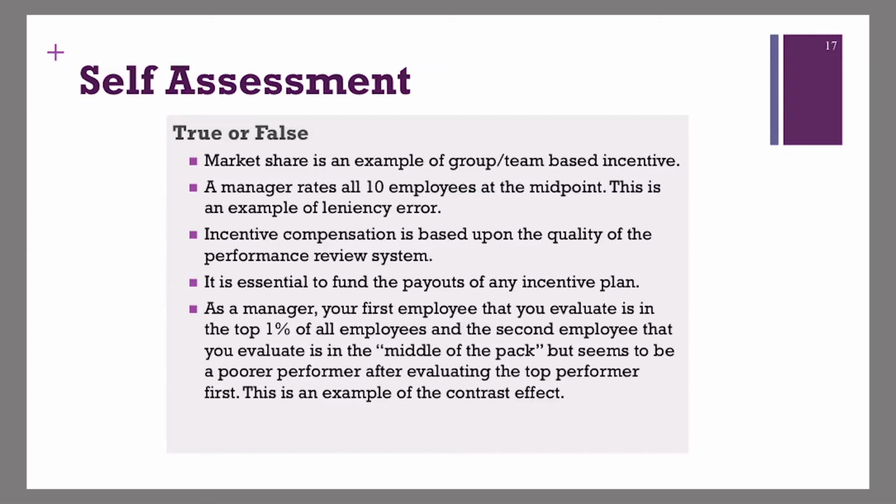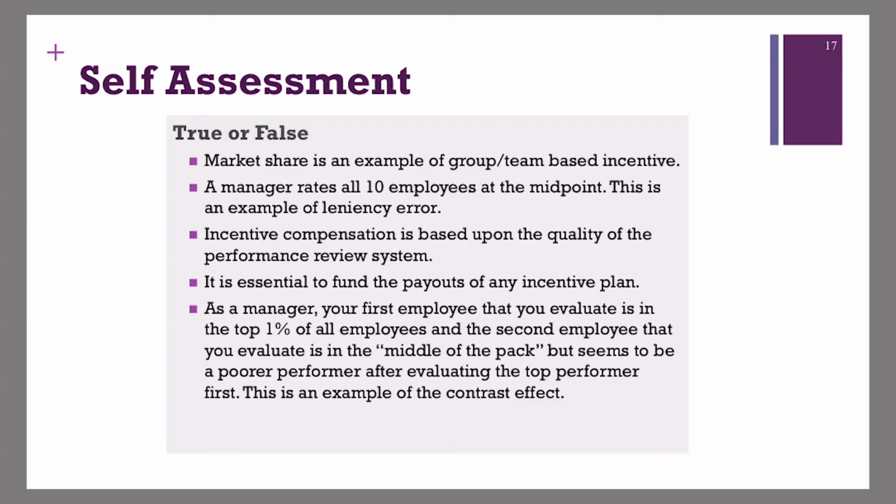Number 2, a manager rates all 10 employees at the midpoint. This is an example of a leniency error. True or false? Hopefully you said false. That's central tendency, midpoint. Number 3, incentive compensation is based upon the quality of the performance review system. True or false?